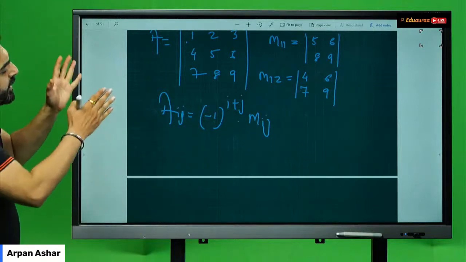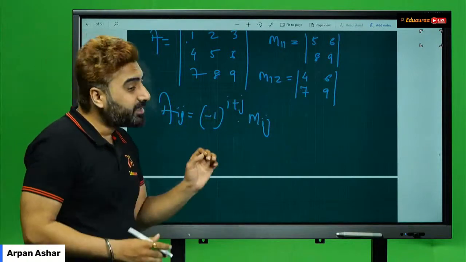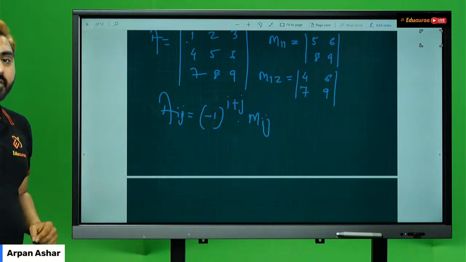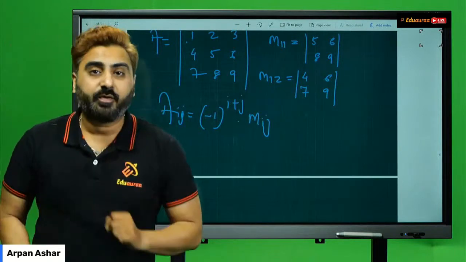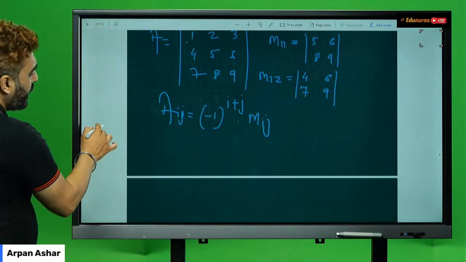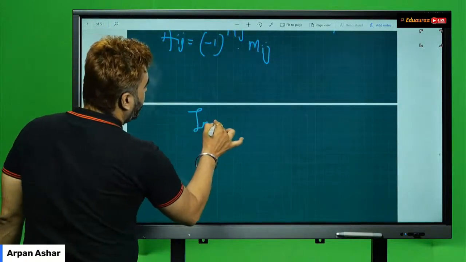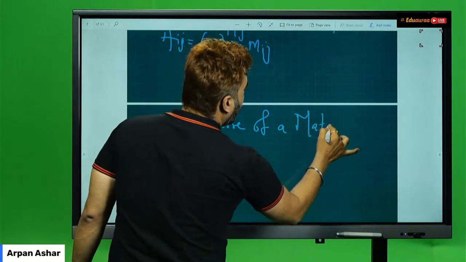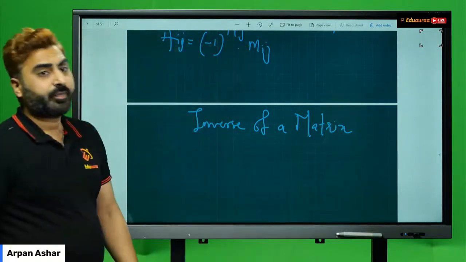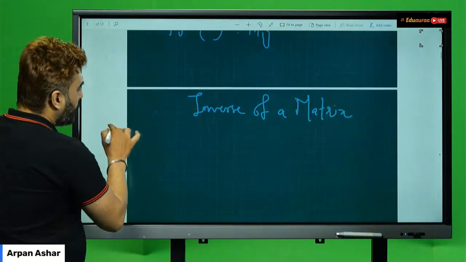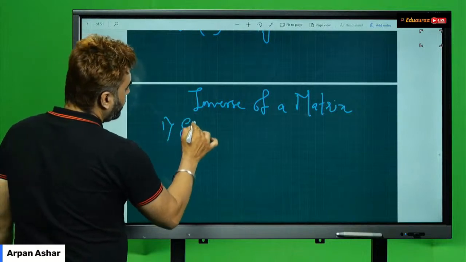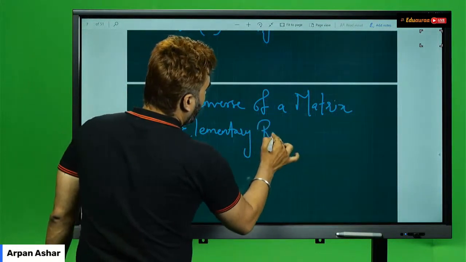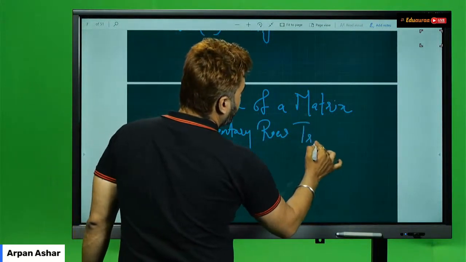Now हम लोग ने ये minors और cofactors सीख तो लिया, use कहां पे करेंगे? Now students, there is something called finding inverse of a matrix. So हमें अगर inverse of a matrix find करना है, so inverse of a matrix के लिए there are 3 different methods. So the first method is elementary row transformation.